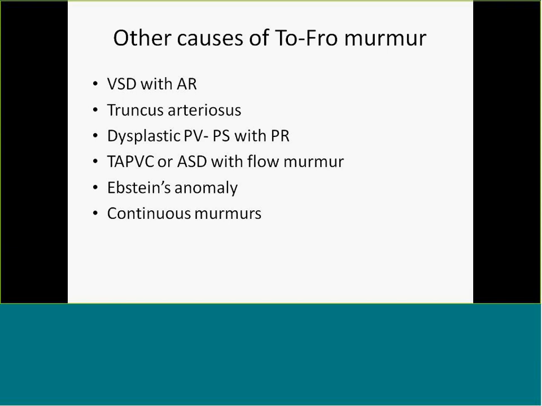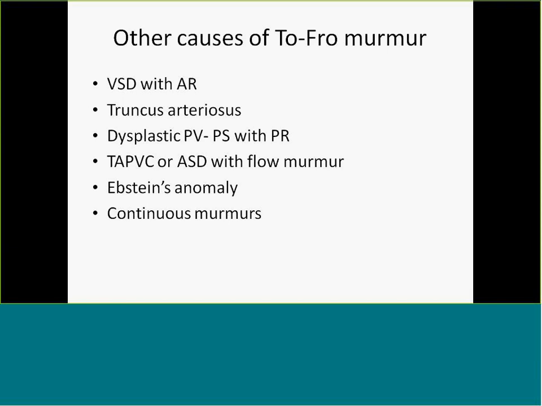The characteristic of the second sound, which is wide and fixed, in TAPVC, and the key features of airway compression differentiate them. Another anomaly which can cause mild cyanosis can cause systolic and diastolic murmur as well as a flow murmur. But again, the clinical presentation is distinct.